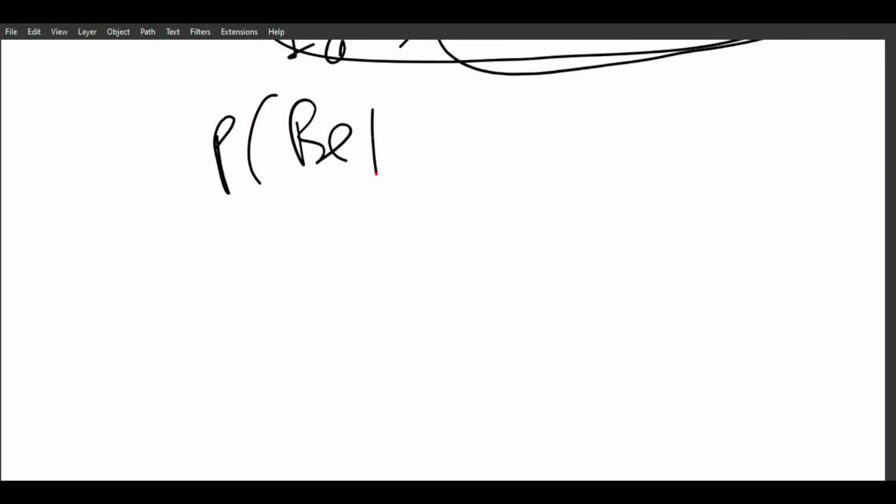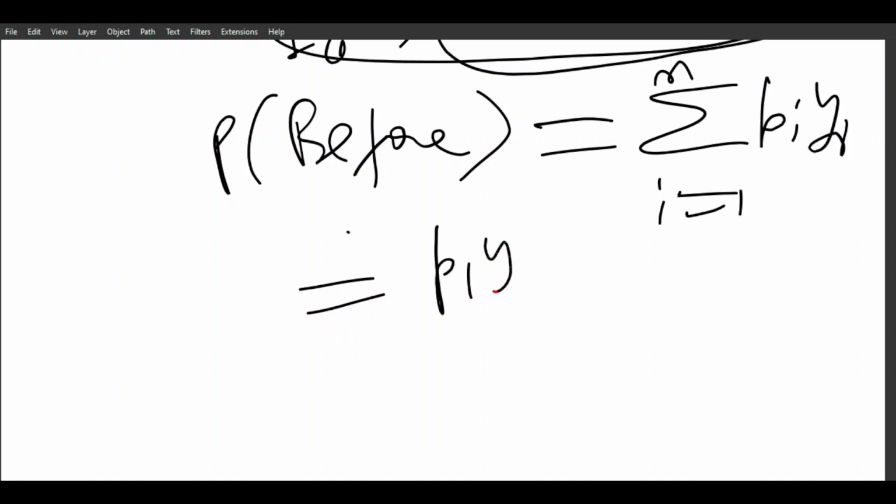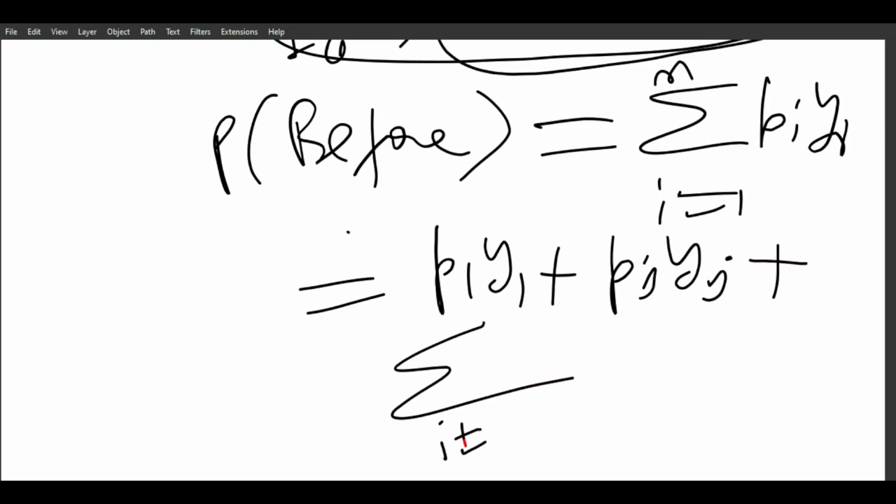Profit before exchange is a very simple expression, the sum of i equal to 1 to n of pi yi. Just break this into three parts. For item 1 it is p1 y1, for item j it is pj yj, and the remaining is i not equal to j and 1.